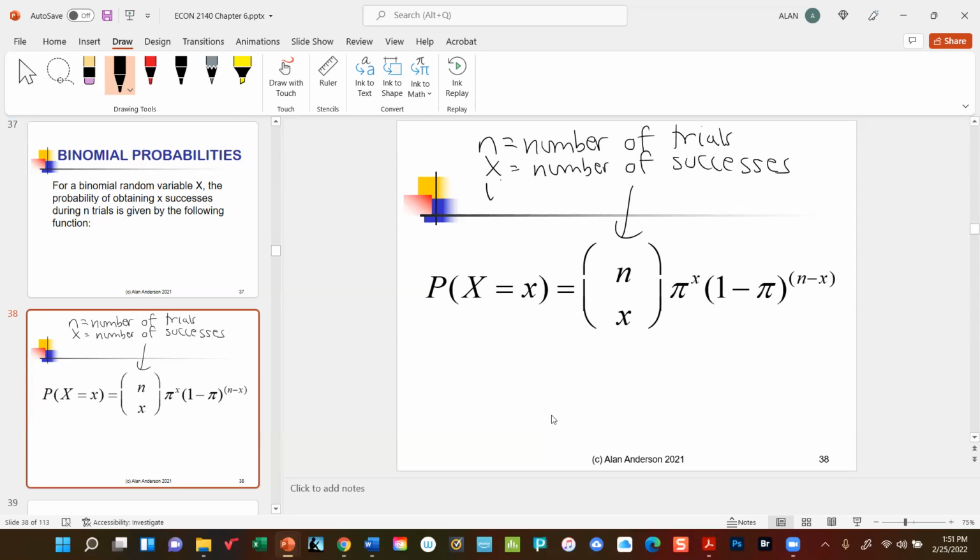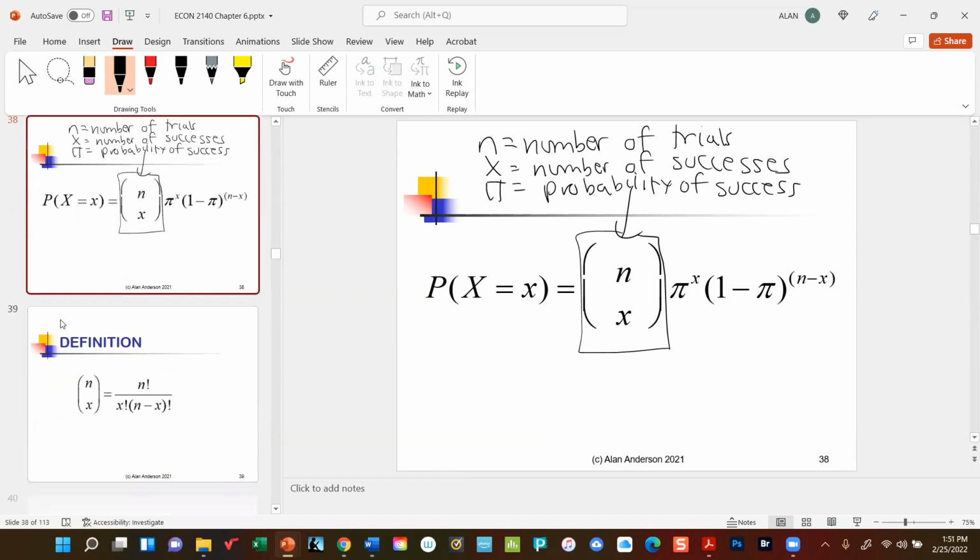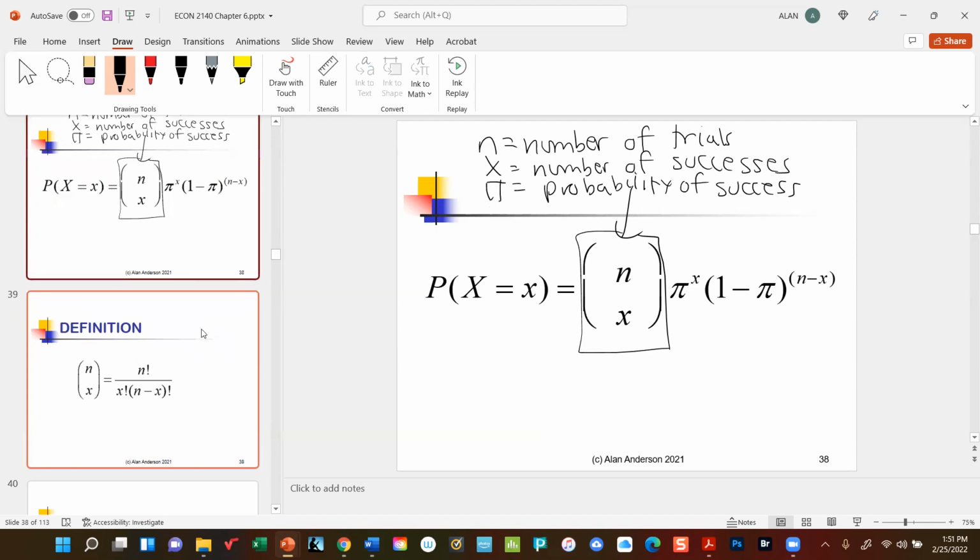And then finally, pi is the probability of success. So what is this thing? Good question. It's a shorthand for something else which you may or may not recognize. Let's find out what that is, and then let's see if it looks familiar at all.